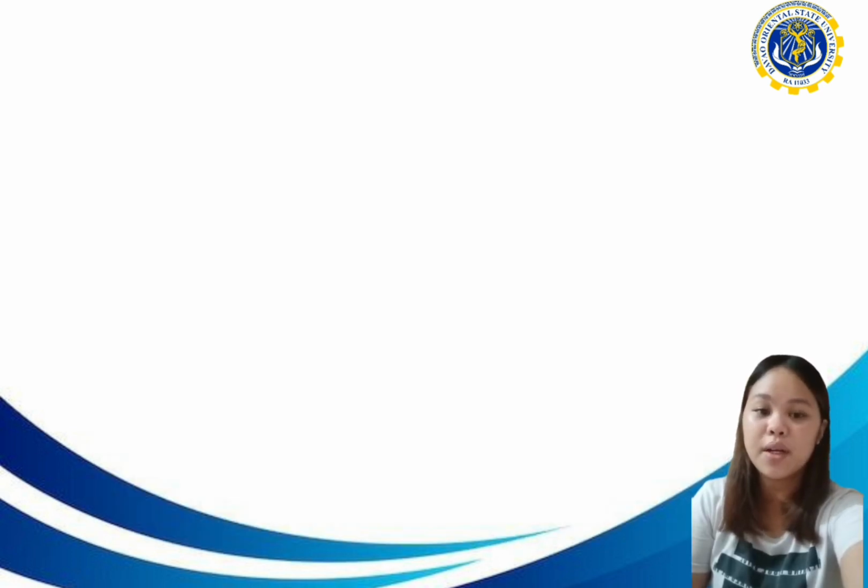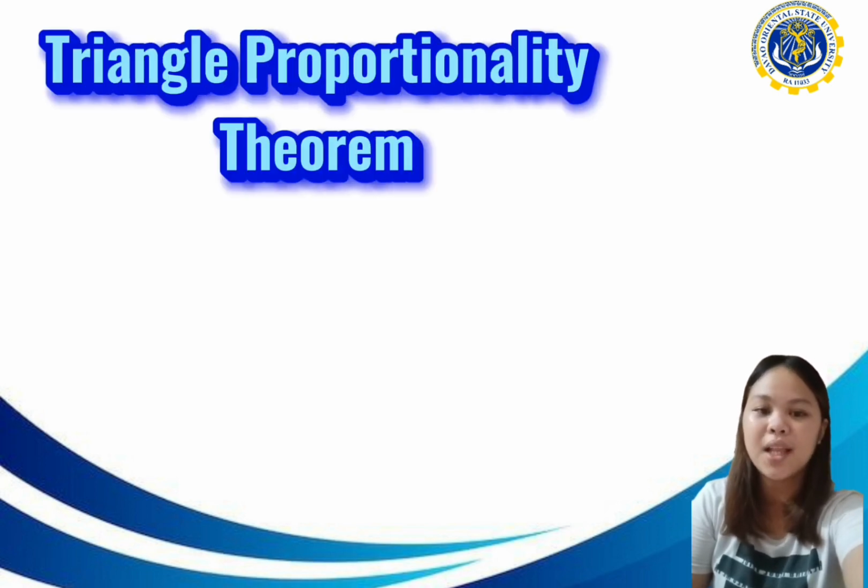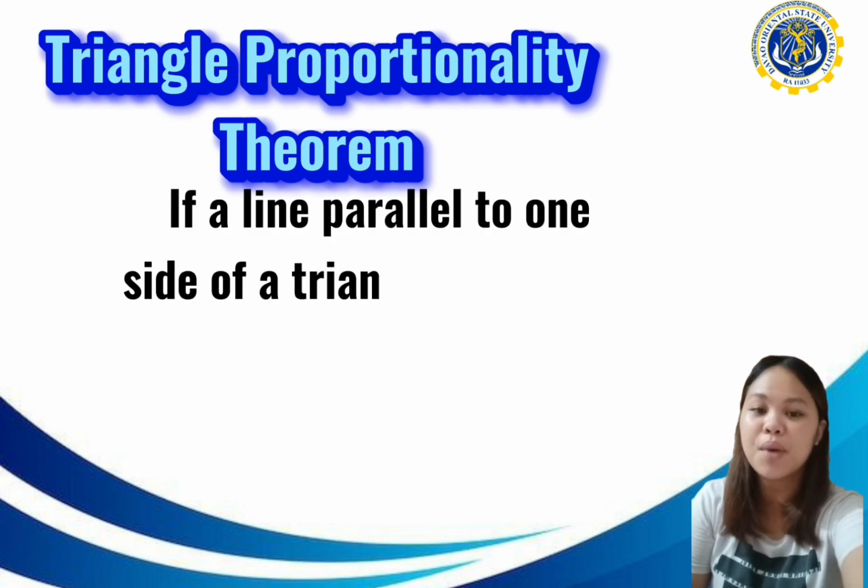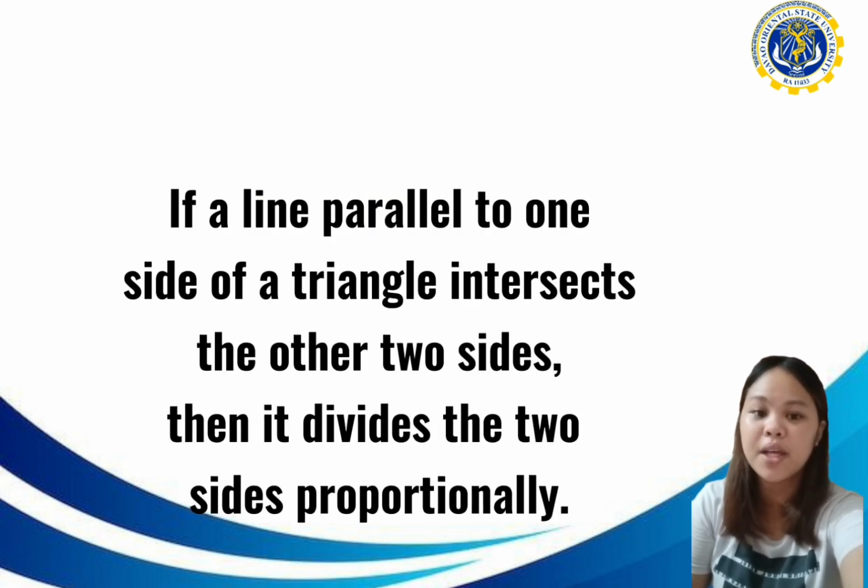The last one is the triangle proportionality theorem, which means that if a line parallel to one side of a triangle intersects the other two sides, then it divides the two sides proportionally.